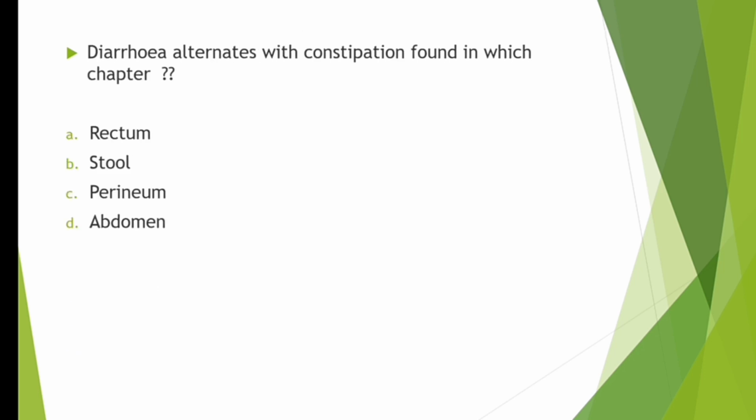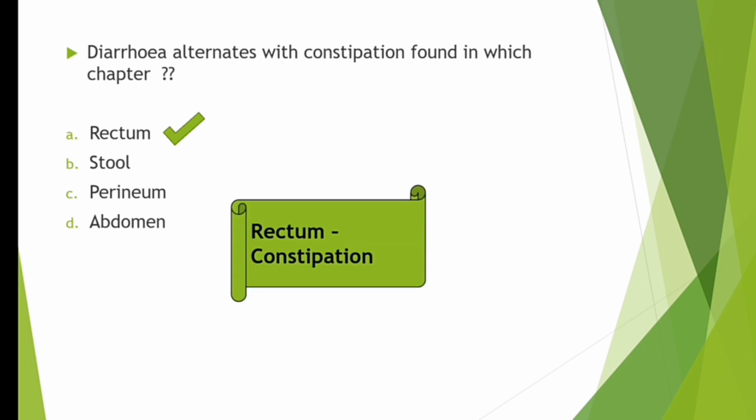Then diarrhea alternating with constipation, found in which chapter? We can see it in the rectum chapter. How do we see it? Rectum, constipation, then alternates with diarrhea like that. Okay.